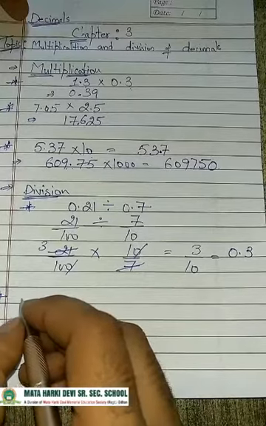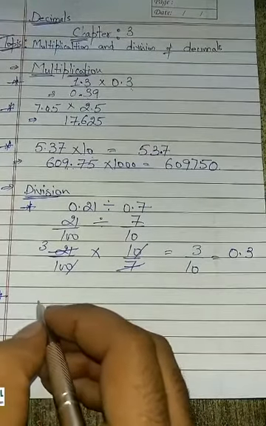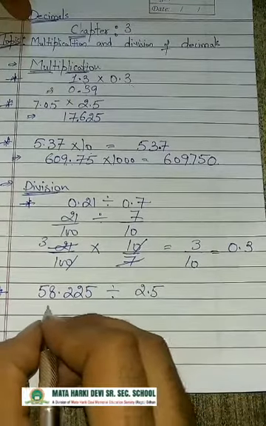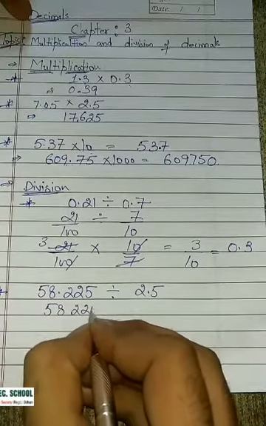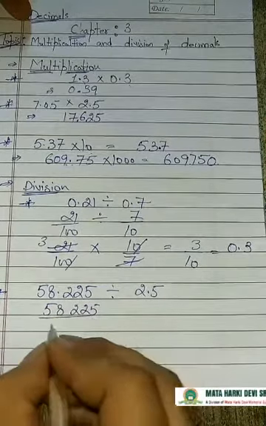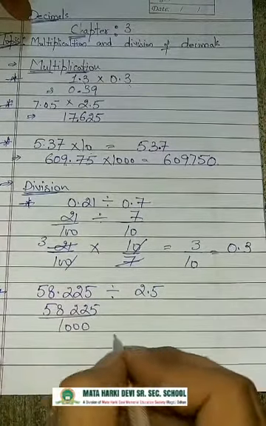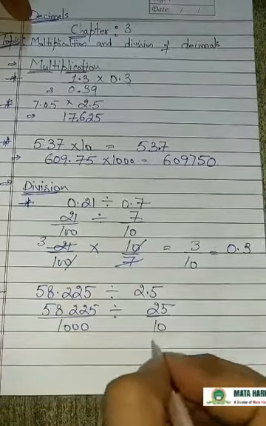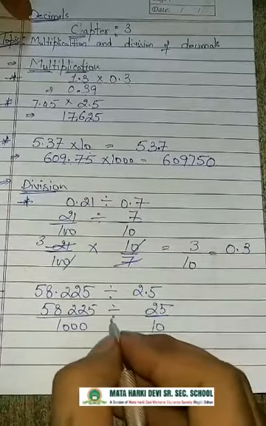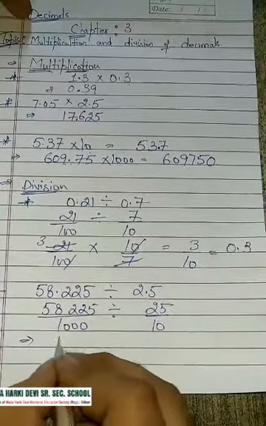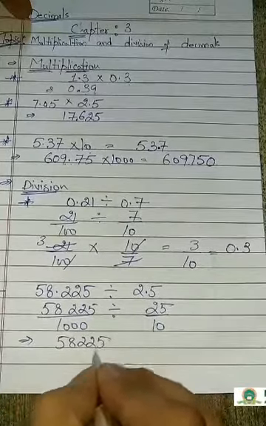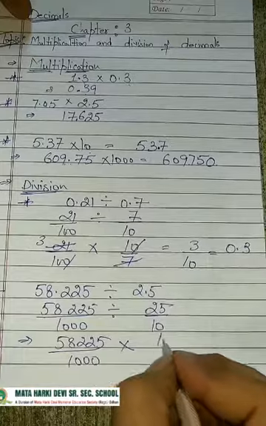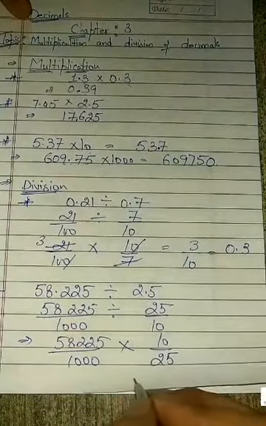Let us take another example. Suppose the question is, we have to divide these two decimal numbers. Let us convert these into fractions. 3 decimal places, so we have to place 3 zeros, that is 1000. 2.5, 1 decimal place, you have to write 10. Now division of the fractions: the first fraction as it is, multiplication sign instead of the division sign, and the reciprocal of the second part.